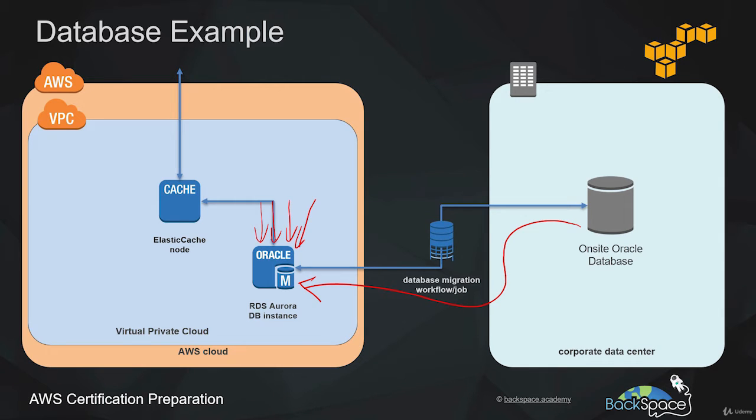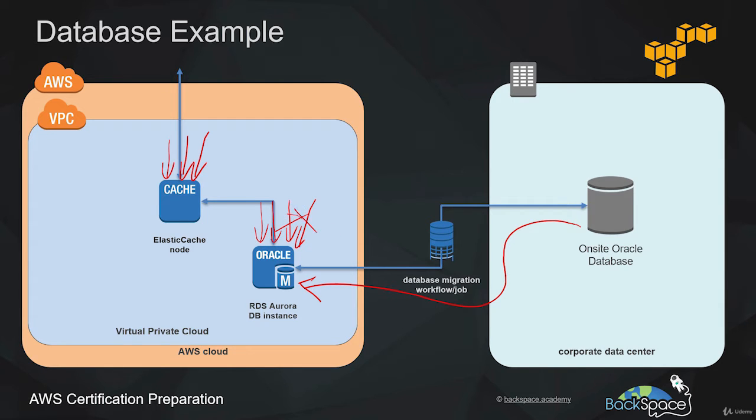We can put an Elasticache node in front of that RDS instance, and that will cache our frequently accessed data. And because it's delivering that data from memory and not from a hard drive, it will be delivered with very low latency. At the same time, the load on our database will be massively reduced.